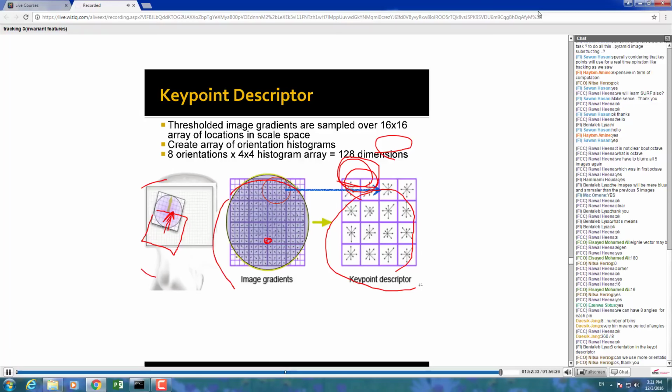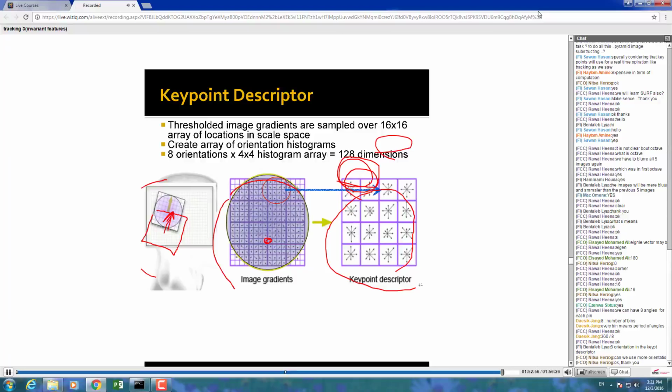So even though the image is rotated, the local orientation is following the rotation. So the information we can get from this rotated rectangle is supposed to be the same. So this is making it rotation invariant.